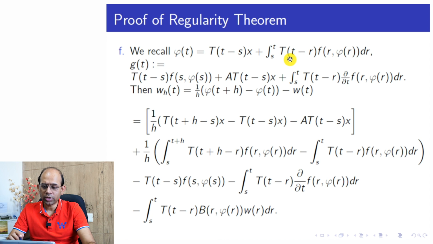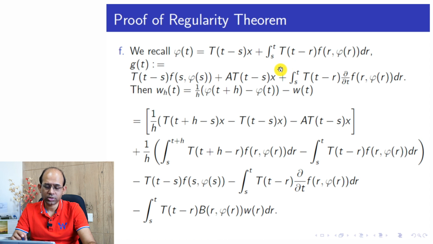Now for the difference of the integral term coming from phi(t+h) minus phi(t), we are writing down now. The integration here is to t+h first, because it's coming from t+h.